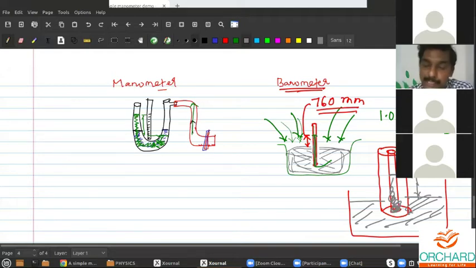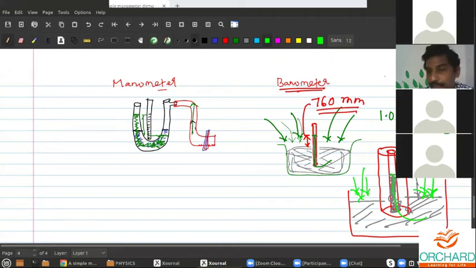So why does the mercury flow into the capillary tube? Because atmospheric pressure pushes on the mercury trough. Therefore, it allows the mercury to go inside the glass tube, and it is measured as a height, namely 760 millimeter from the surface of the mercury trough, and it is called the atmospheric pressure using a barometer.